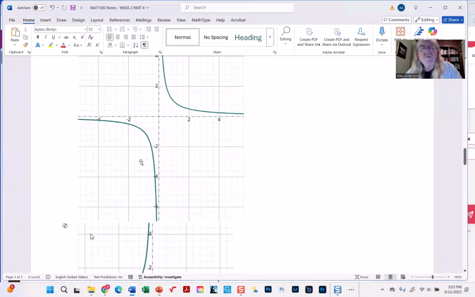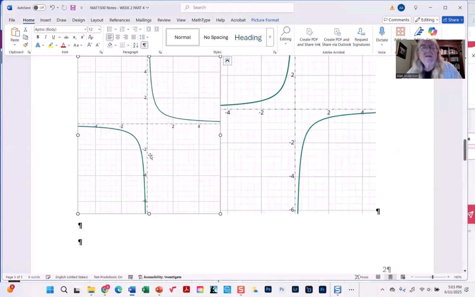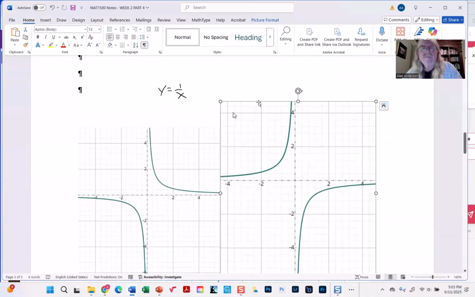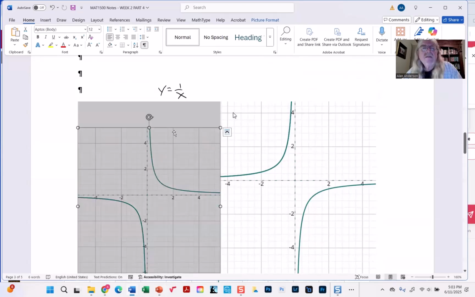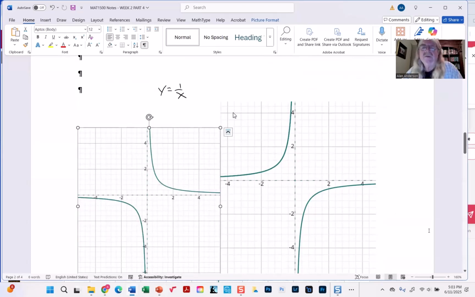Not sure if there's enough room to show them from left to right, but we'll try. There, I think we got it. Well, that'll have to do. Okay, it won't let me move it around any further.